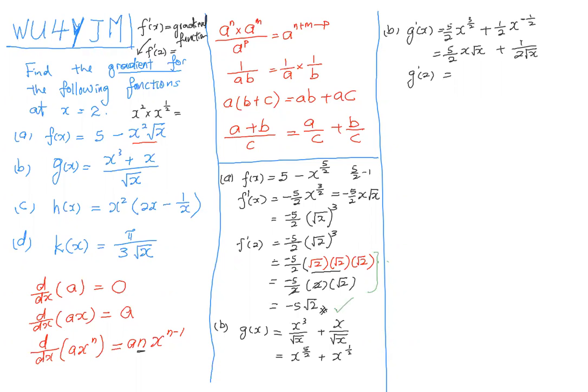So this will be 5/2, 2 times root 2 plus 1/2 root 2. So can I simplify it further? Yes. So what to do?